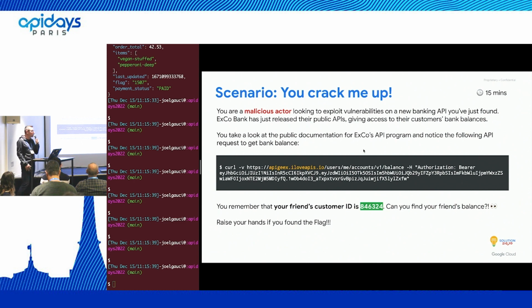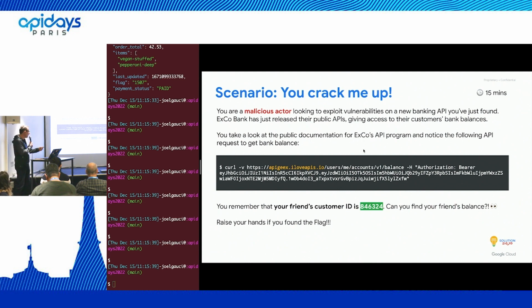Let's say, PSD2 APIs. So you take a look at the public documentation of Exco Bank, and you notice the following API request to get bank balance. That's just an example that you see in the documentation. Again, you will see it on the Git repo.